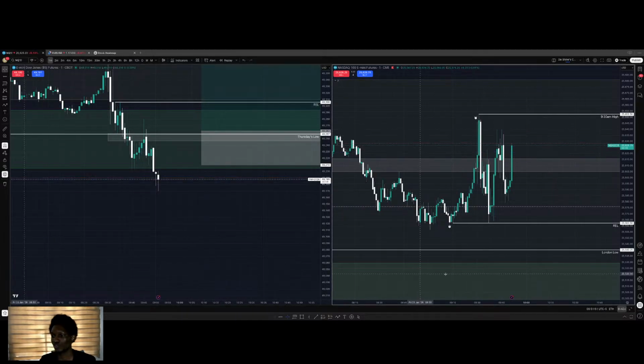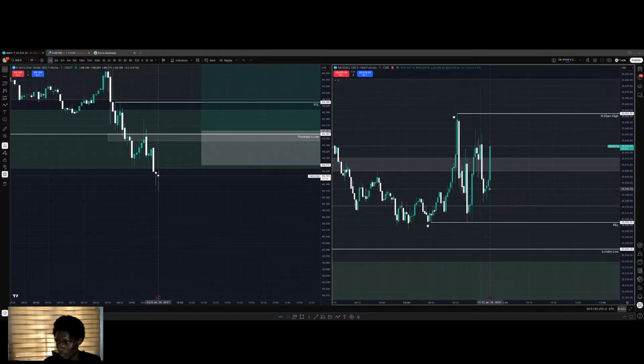On NQ, we are too strong, but I need to see us take this low out. If it isn't doing that, then I can't buy.